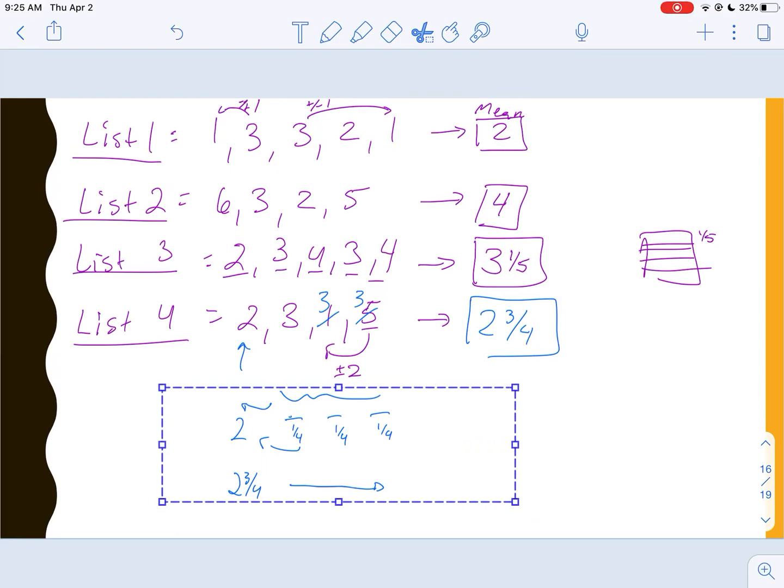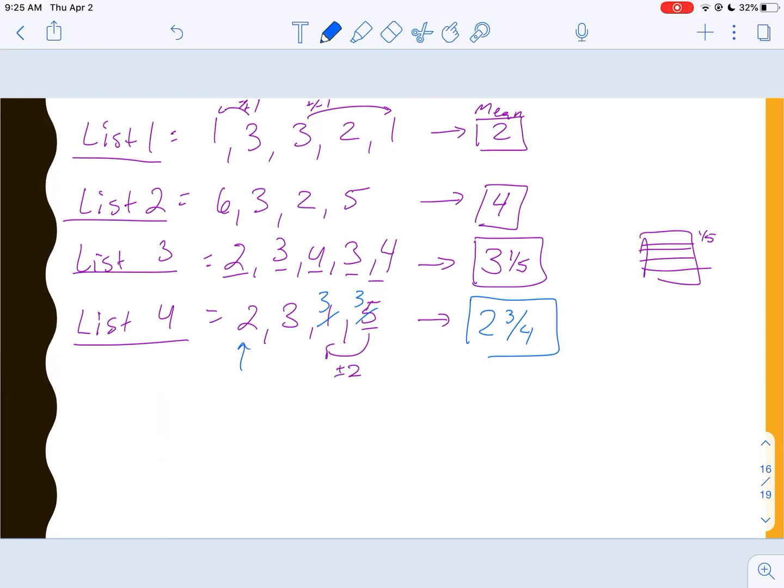All right. For my last one here, number 3 on the activity, it says, to calculate the mean of a list numerically, we add the numbers and divide the sum by the number of numbers in the list. So in the initial problem, we would take 2 plus 5 plus 4 plus 1, and we would divide that by 4.